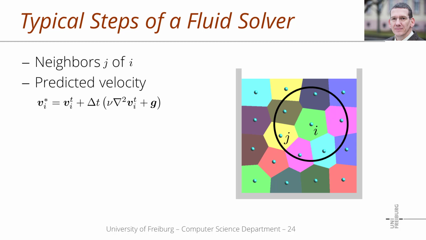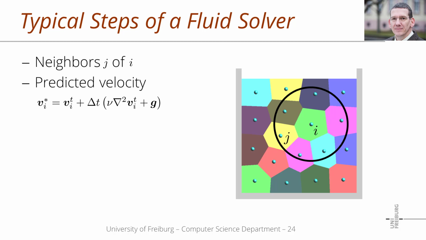In the next step, we compute the predicted velocity v star at the next time step. So v star refers to a prediction of the velocity at the next time step, and here we apply accelerations at a particle. So in this case we apply the viscosity acceleration. The Laplacian in this case is implemented as a sum over adjacent particles, and we also apply gravity.